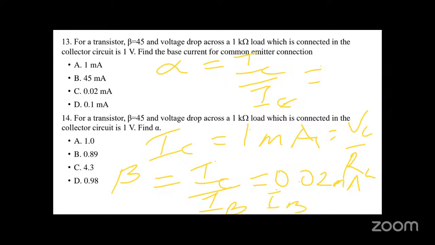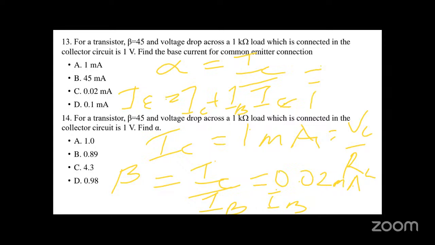Now we have IB. We have IC. So we need IE to be able to find alpha. IE is equal to IC plus IB.